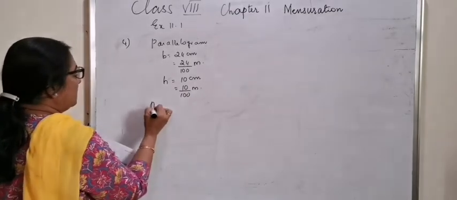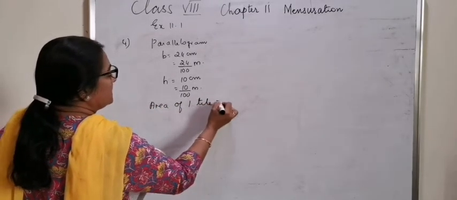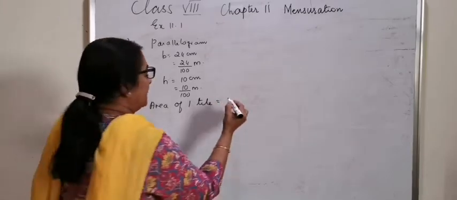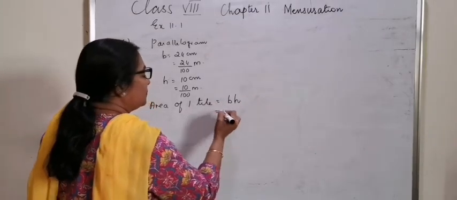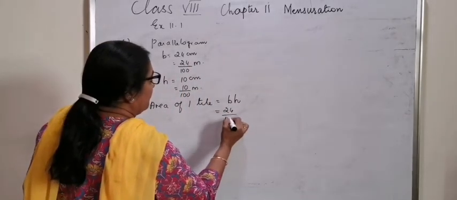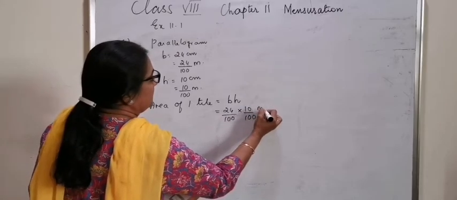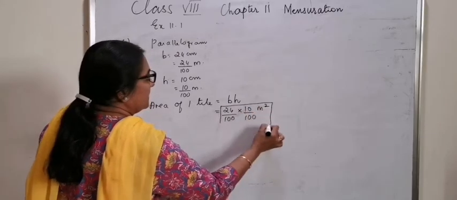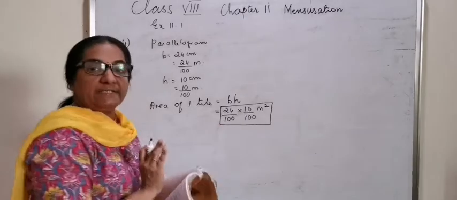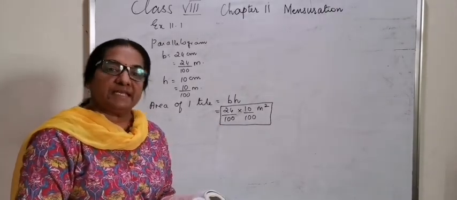Now, area of one tile is, since it is a parallelogram, the formula is base into corresponding altitude, that is 24 by 100 into 10 by 100 meter square. It's better to leave it as fraction because the simplification will be very easy.